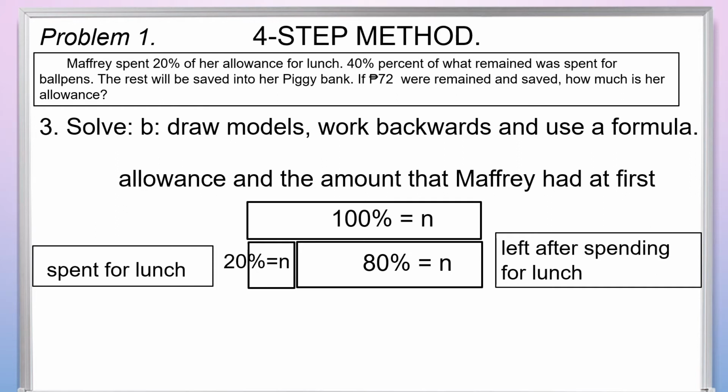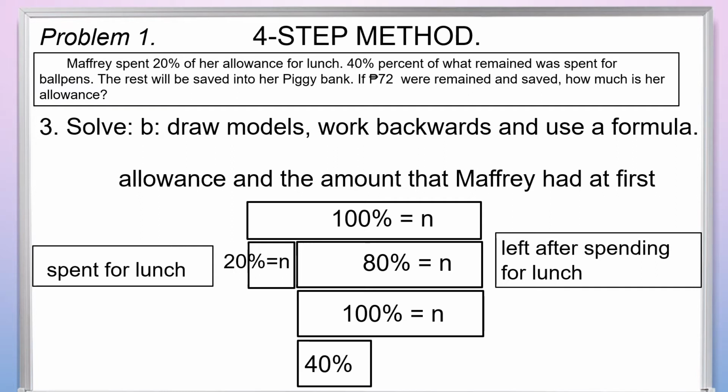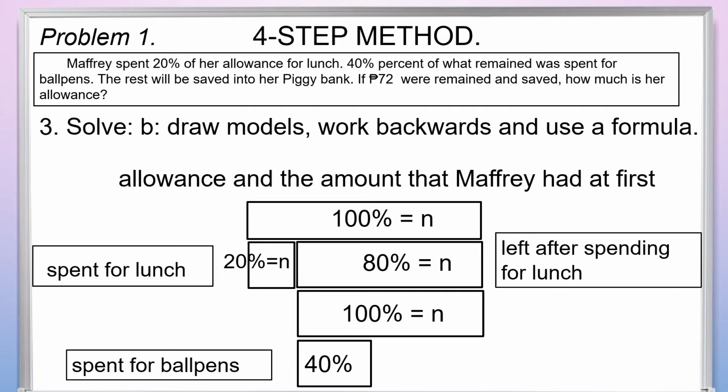Let us reconsider 80% as 100%. Again, let's divide this into 2. One region represents 40%. It represents the rate spent for ball pens.